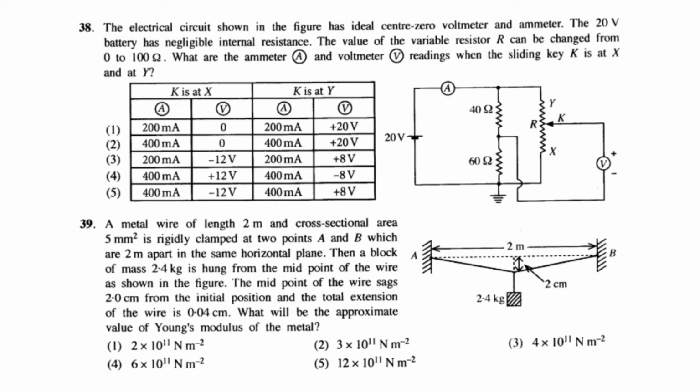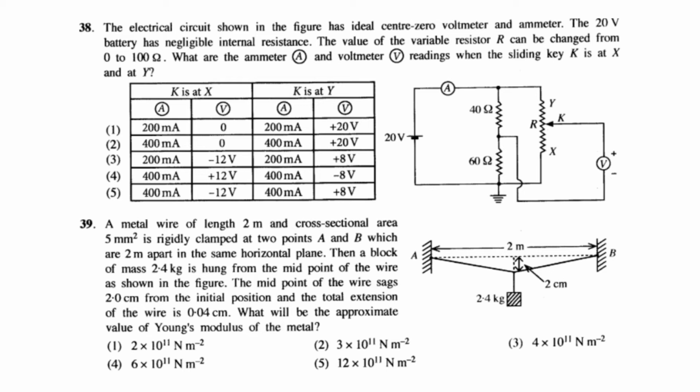Then the potential difference between the key and P is 0 minus 12, which is minus 12. So the voltmeter reading when the key is at X is minus 12 volt.